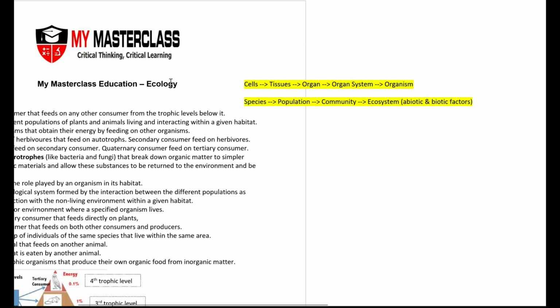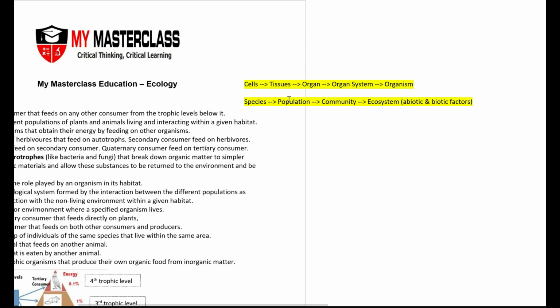Similarly in ecology, we have this structure whereby I have species, and multiple species will then give rise to a population, which consists of the same species that must be able to reproduce. So if I have two male monkeys on an island, it is not considered to be a population.